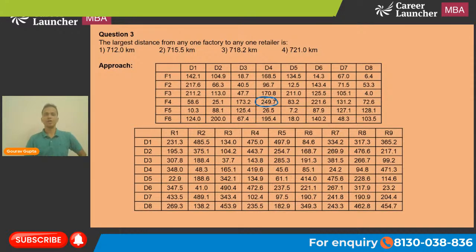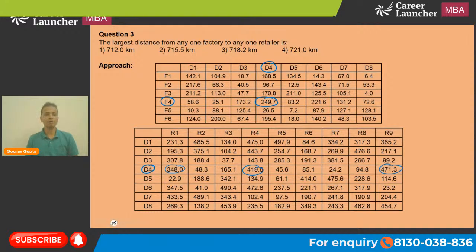Now 249 will be the distance if I travel from F4 to D4. Now I have already reached D4. So now I have to use D4 as the intermediate, and I can deliver the goods to any of these retailers. To maximize the distance, I'll be using the maximum distance against D4, which is 348, 419, 471.